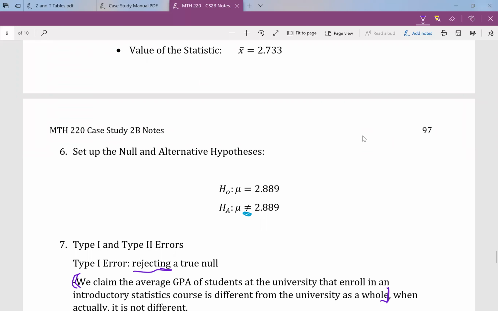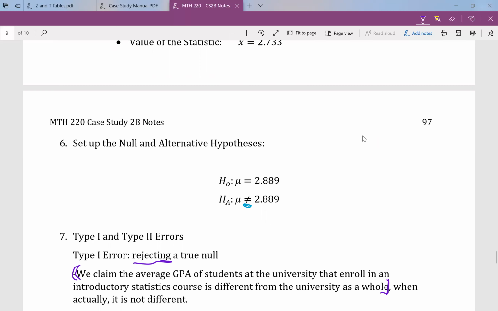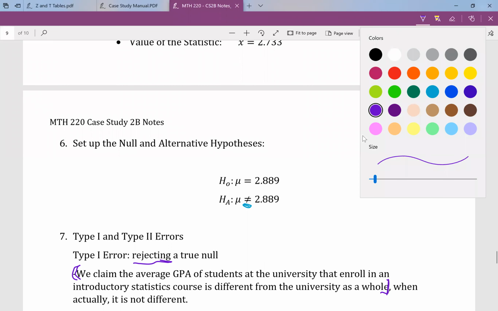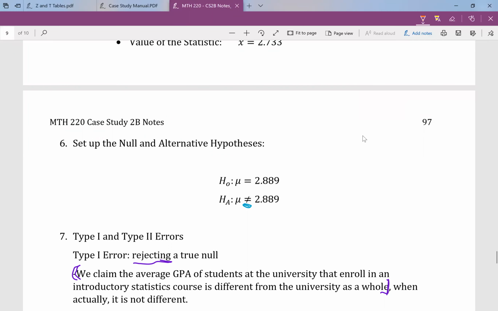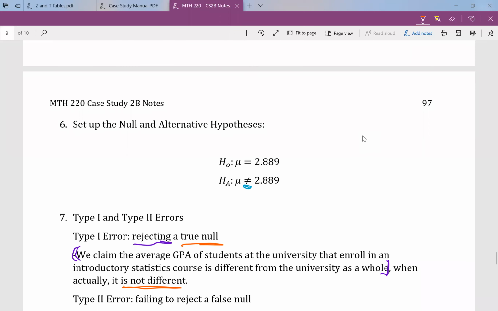But this is an error, so we made a mistake, when actually the null is true. That means that mu is not different from, it's actually going to be equal to. All right, then let's look at type 2 error. A type 2 error is failing to reject a false null. So first we need to talk about, what does it mean to fail to reject?